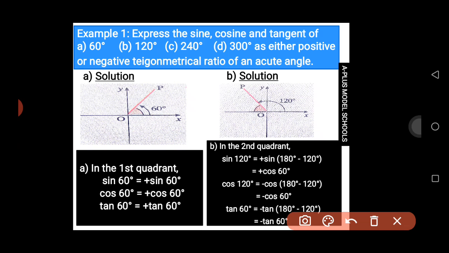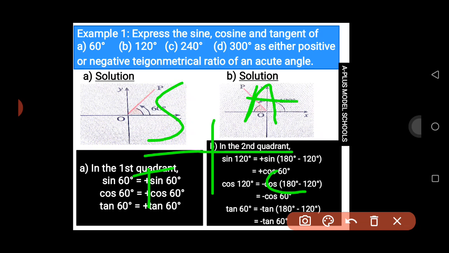So 120 degrees falls in the second quadrant, because that is 90 plus 30 degrees. This small angle here is 30 degrees, then plus 90 here. The sum of the angles gives me 120 degrees. So in the second quadrant, don't forget my trig ratio. The first thing you are going to do is to draw your ACTS.